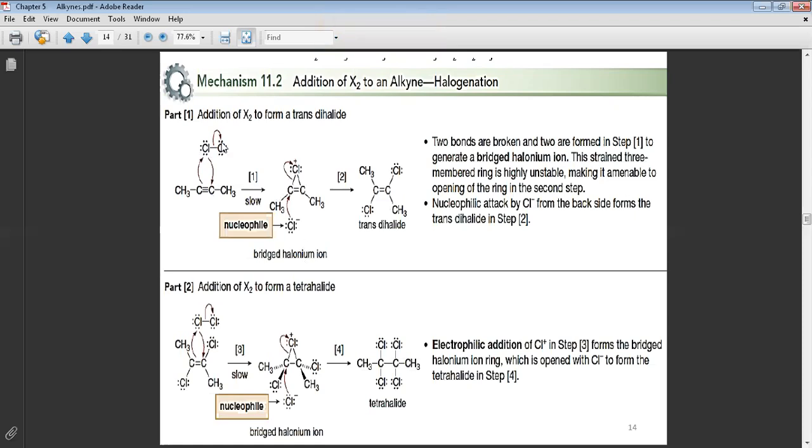And then we have another negative part, the nucleophile. It attacks the carbon, and the bridge opens to give you the first addition.